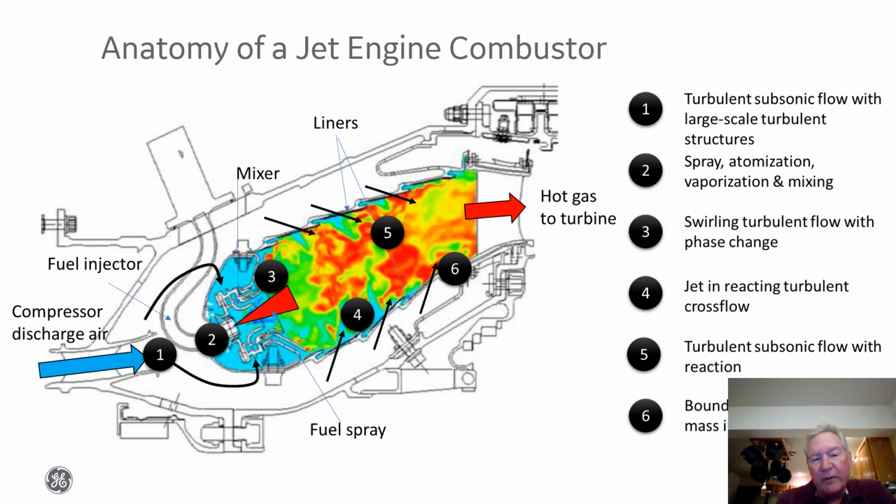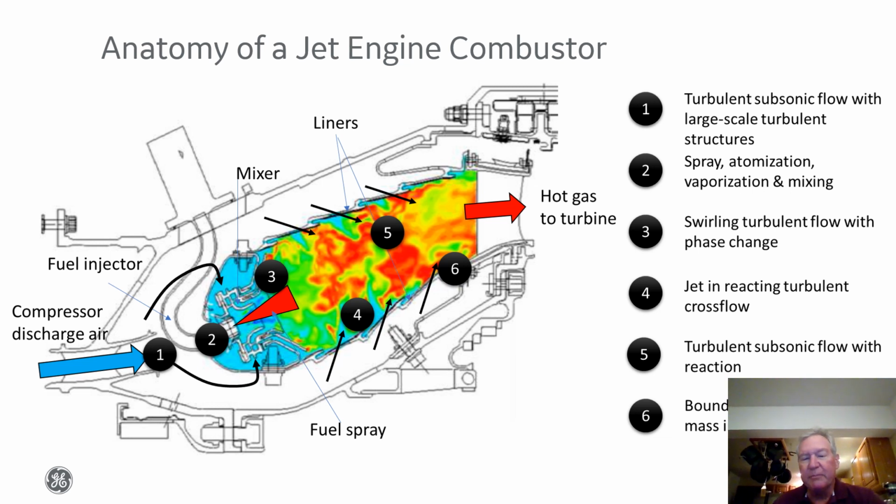And then downstream in this type of combustion system, we have dilution air entering through the combustor liner, and those are depicted by those black arrows. So we have essentially jets in crossflow diluting the combustion gases and also progressing the combustion process. Then we have downstream where the hot gas enters the turbine, subsonic flow.